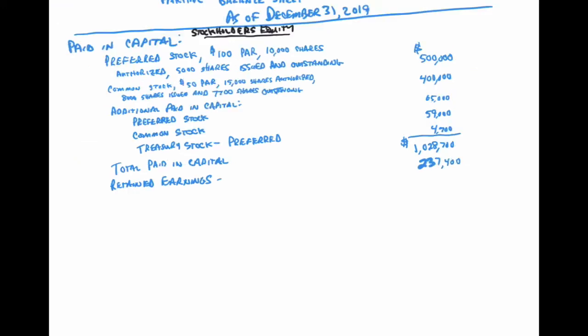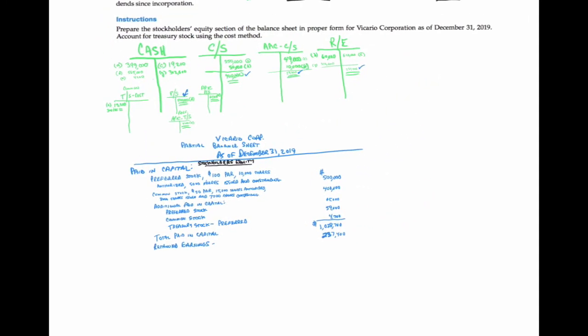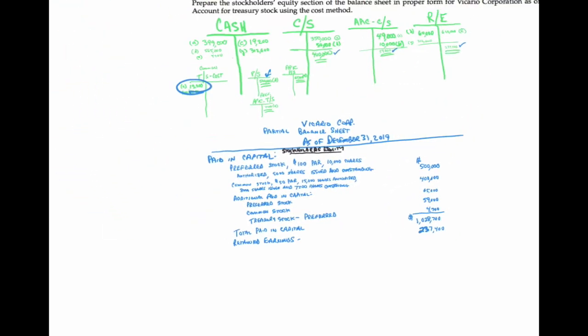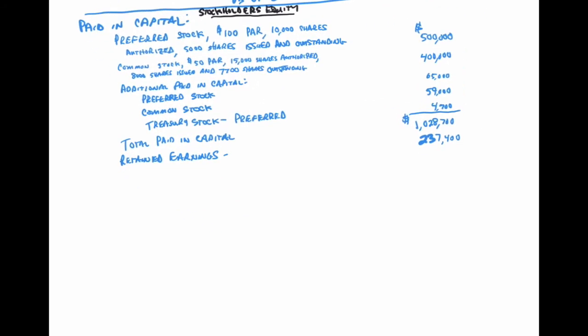And then we also have the treasury stock. And the treasury stock is at cost, 19,200. And that is common treasury stock. At cost. And that's a reduction. It's a debit balance. So we're going to say 19,200, and we're going to put it in parentheses right here.